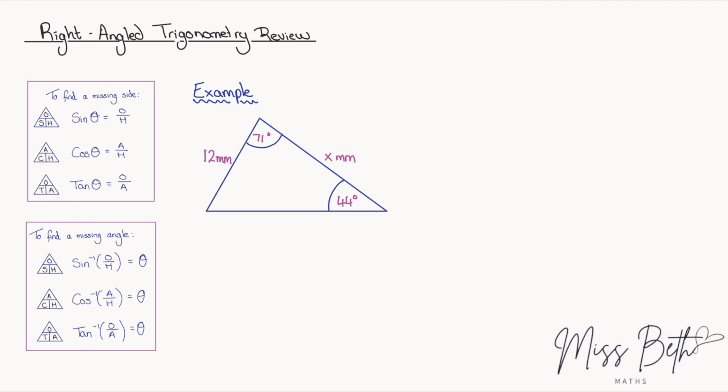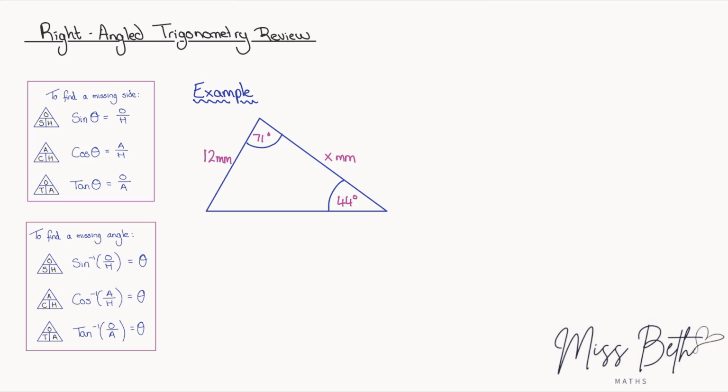For this question, immediately it's not as obvious what we need to do, so I'm going to go through this. You can see here that we don't have a right angled triangle, we just have a non-right angled triangle. We have two angles, so we can work out the third one, but it's not immediately obvious what we need to do, okay?